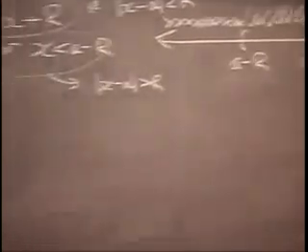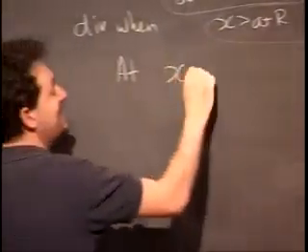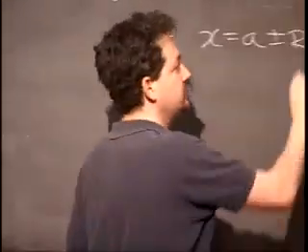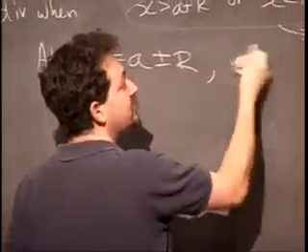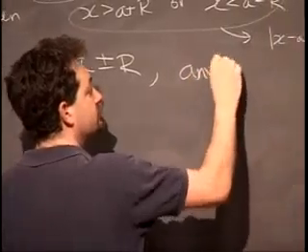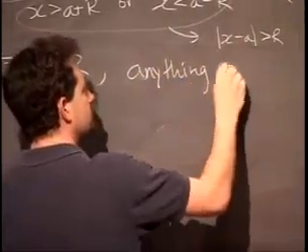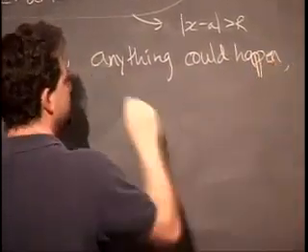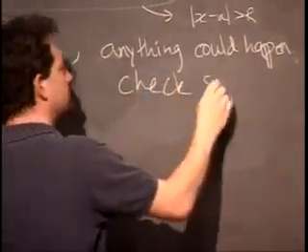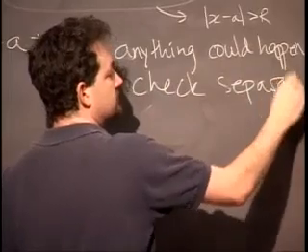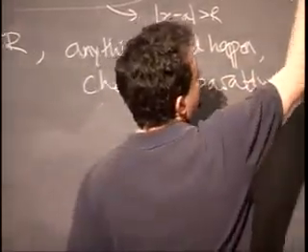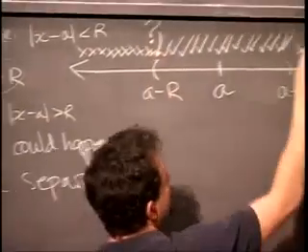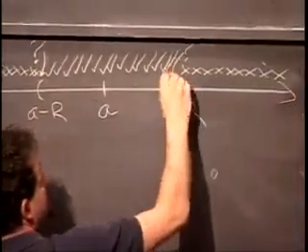Another comment is that at the endpoints, x equals a plus or minus r, you cannot tell. Anything could happen, and you have to check separately. So maybe here I put a question mark for that one particular point and another question mark here.